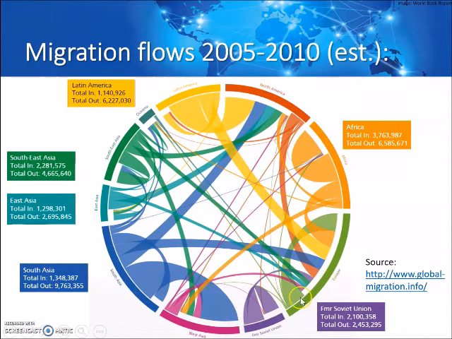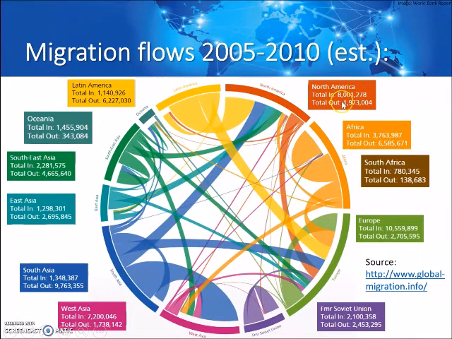In Europe, you see that a lot of the migration is within the continent, so it's from some European countries to other European countries. And you also have continents, obviously, that have much more population coming in than going out. For example, North America, you see that all of these are people coming in, while you have relatively few people going out, most of them going to Europe.